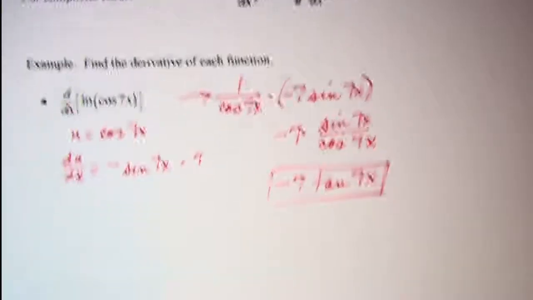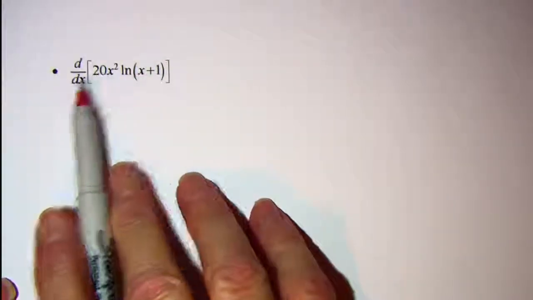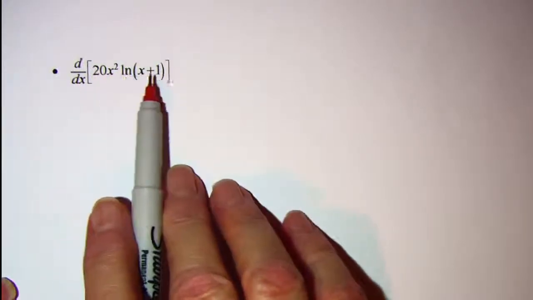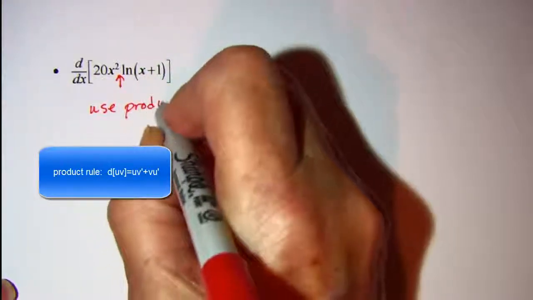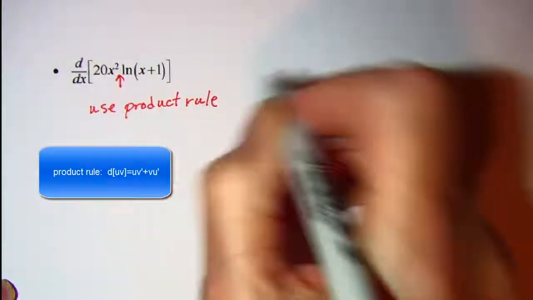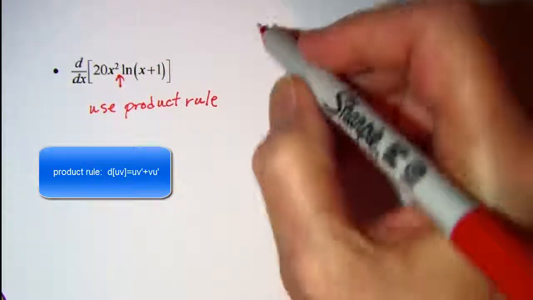Let's do another one. Now on this one, we're asked to find the derivative of 20x squared times ln x plus 1. So we need to use the product rule. And so I'm going to write that process.